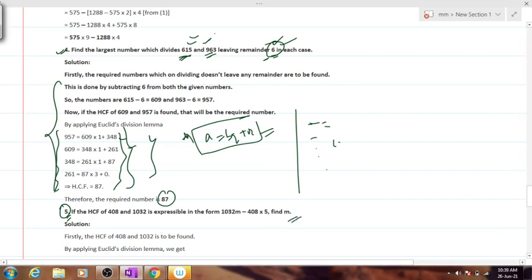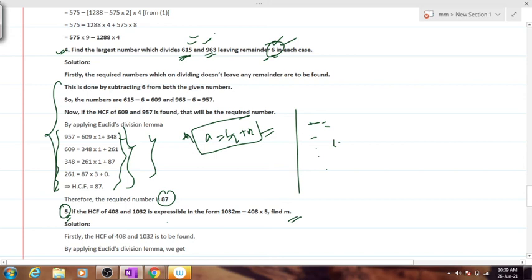Try out question number 5. Done? Here the solution is arranged.